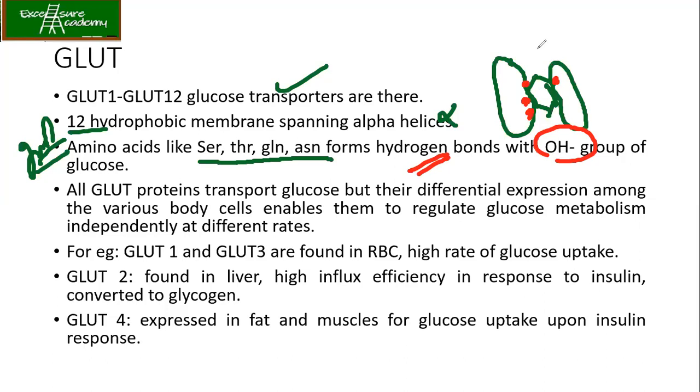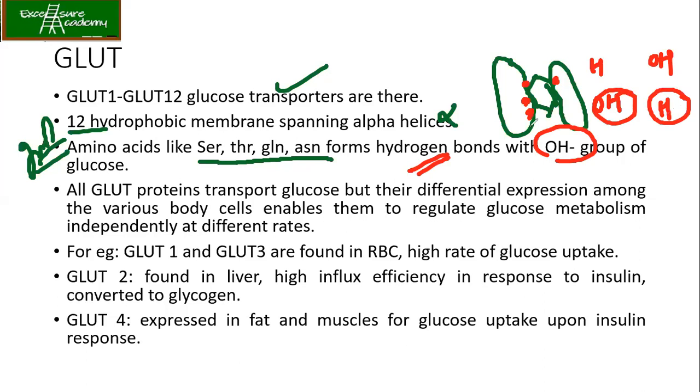Let us say that galactose is coming. If you see the structure of galactose, at the 4th carbon, the orientation of OH and H is reversed. So I don't have one OH to interact with these amino acids. Instead, I have H only, and H alone cannot make the hydrogen bond.